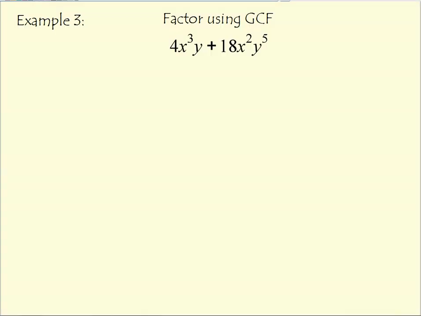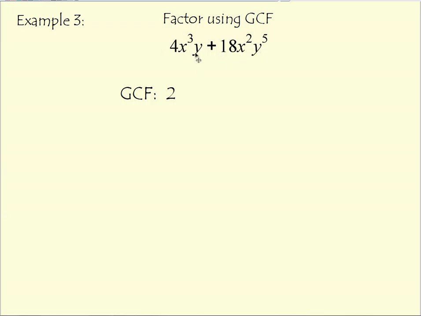Let's look at one more example. So this one only has two terms, right? So this time, instead of breaking them down, let's see if we can do this a little more simply. What number will go into both 4 and 18? Only 2 and 4 will go into 4. 4 won't go into 18, but 2 will. So to find its greatest common factor, I'm going to start with that 2 that'll go into both 4 and 18.